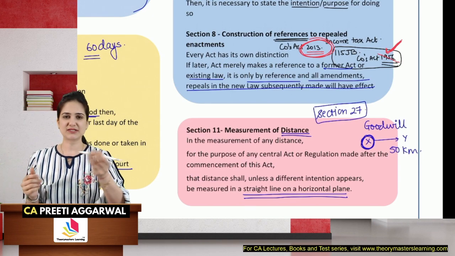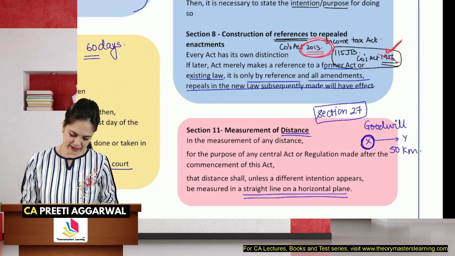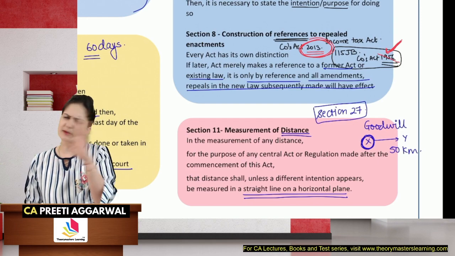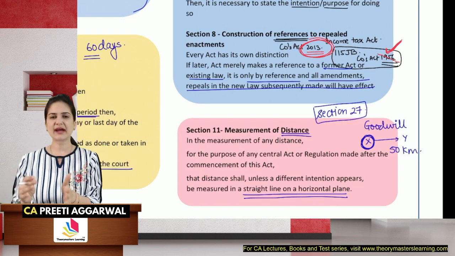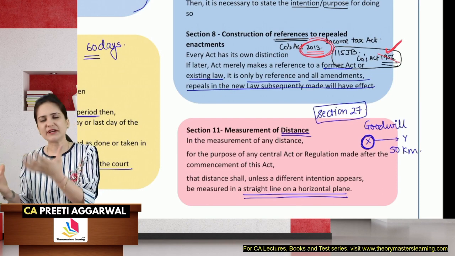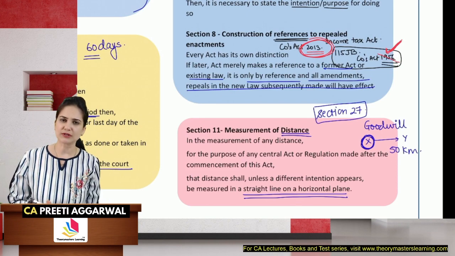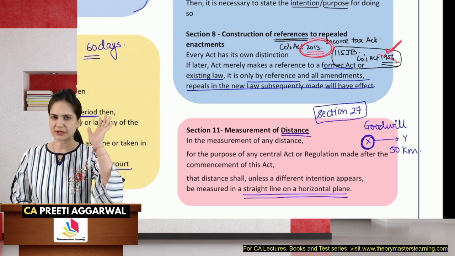We will consider a straight line for calculating the distance for the purpose of the act made after the commencement of this act, unless there is some different intention appears. See, we are always giving the respective act some amount of freedom to make changes. If they don't want to do that, then the General Clauses Act is always there to advise that you will calculate it on a horizontal plane.